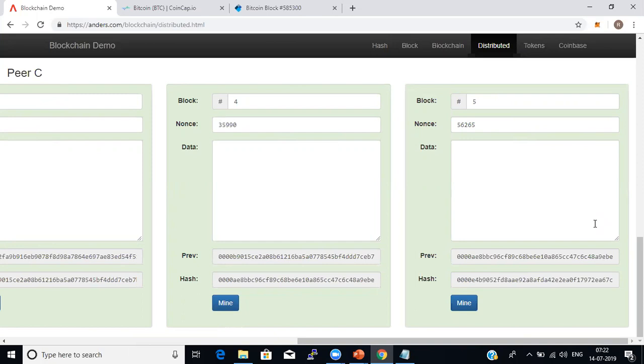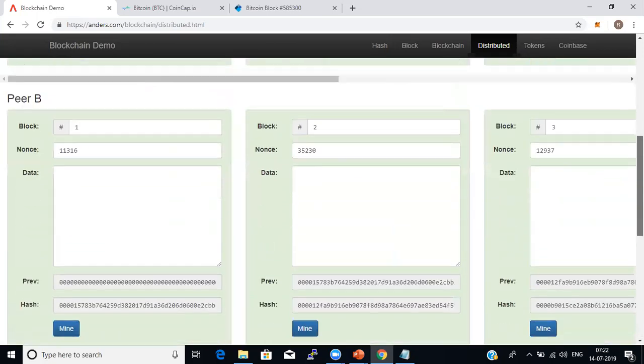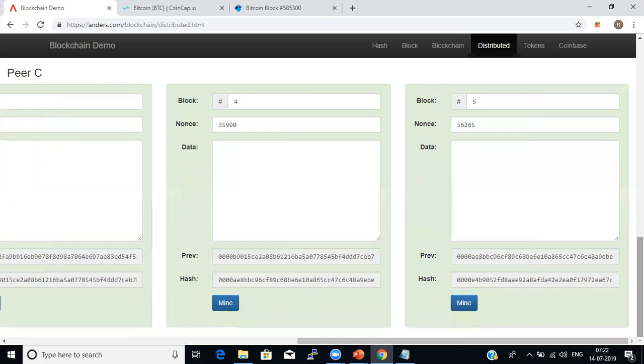Suppose anyone wants to create a new block, so generally what will they do? Here some miner or some peer will create a new block. That block we will call a candidate block. Once the block is created by any peer or node, this candidate block will be broadcast into the network.